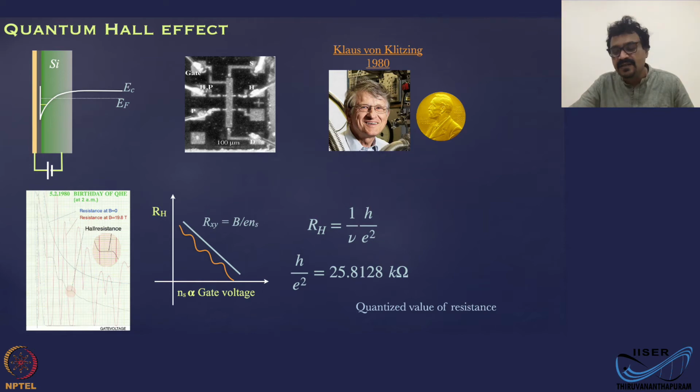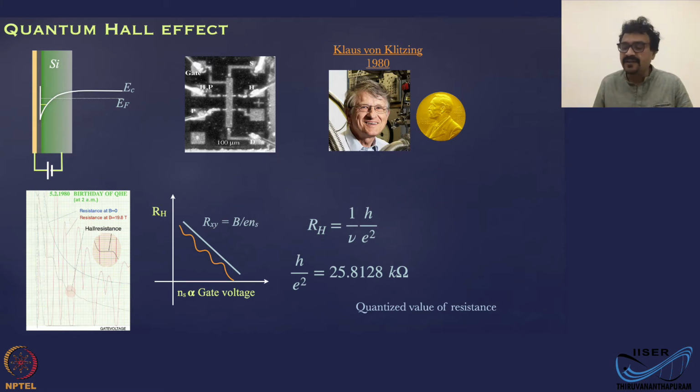So I will give you a brief overview of what that effect is in this class. How that effect is used in technology is called quantum electrical metrology, as a universal resistance standard.